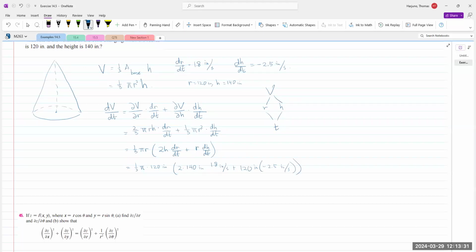Notice that the units, if we play all the way, will be inches cubed per second, right? 2 times 140, that's 280 times 1.8, that's 504. Plus, it's actually minus 300, so 504 minus 300, cubic inches per second.